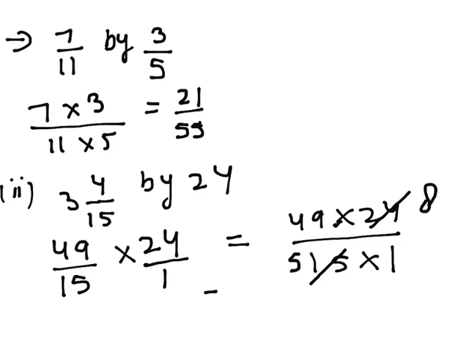So here 49 times 8 will give us 392 and 5 times 1 will be 5. Now we can change it into a mixed fraction or we can leave our answer over here. If in the question they ask us to change it into a mixed fraction, then we can change it, otherwise we can leave it over here also.